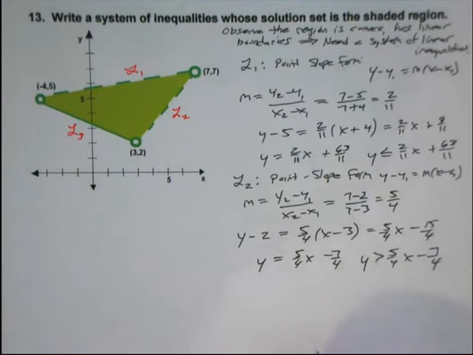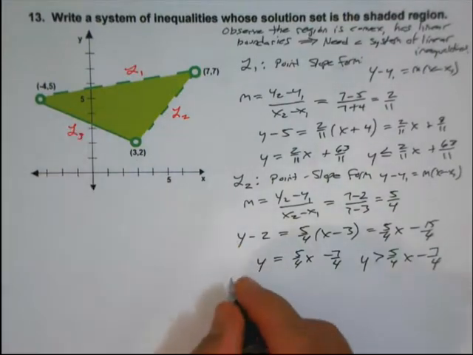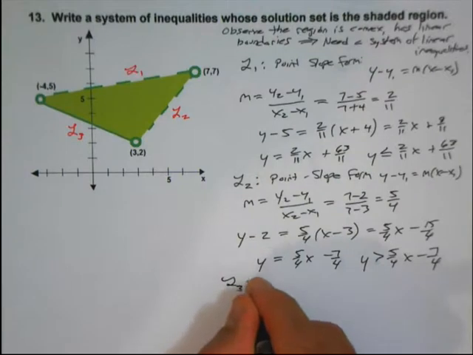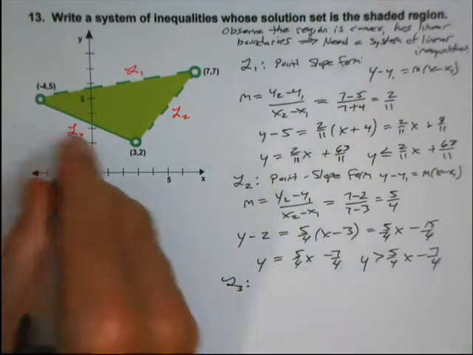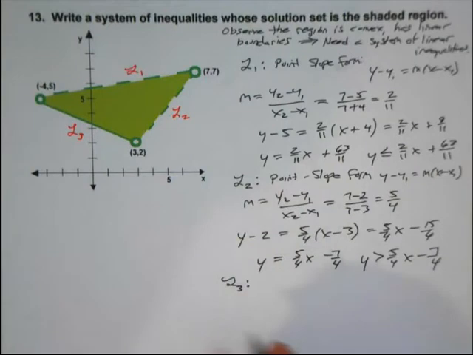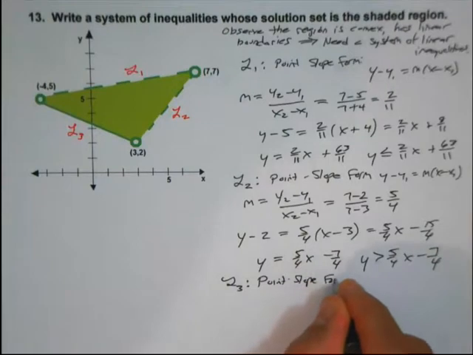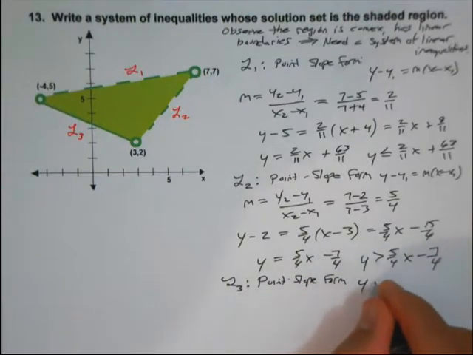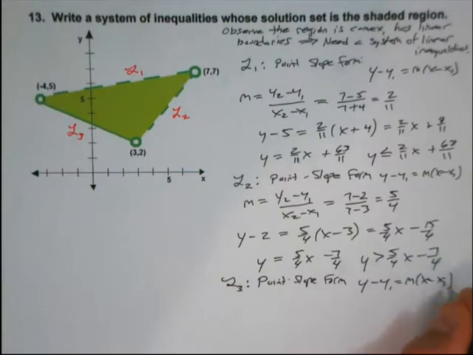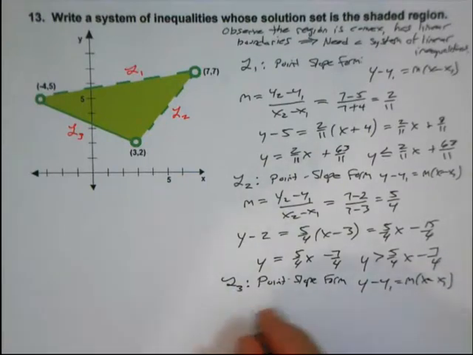Okay, let's go on to L3. The information here, just these 2 points, again, point-slope form might be a good starting point. So we're looking at y minus y1 equals m times x minus x sub 1. We'll need the slope.